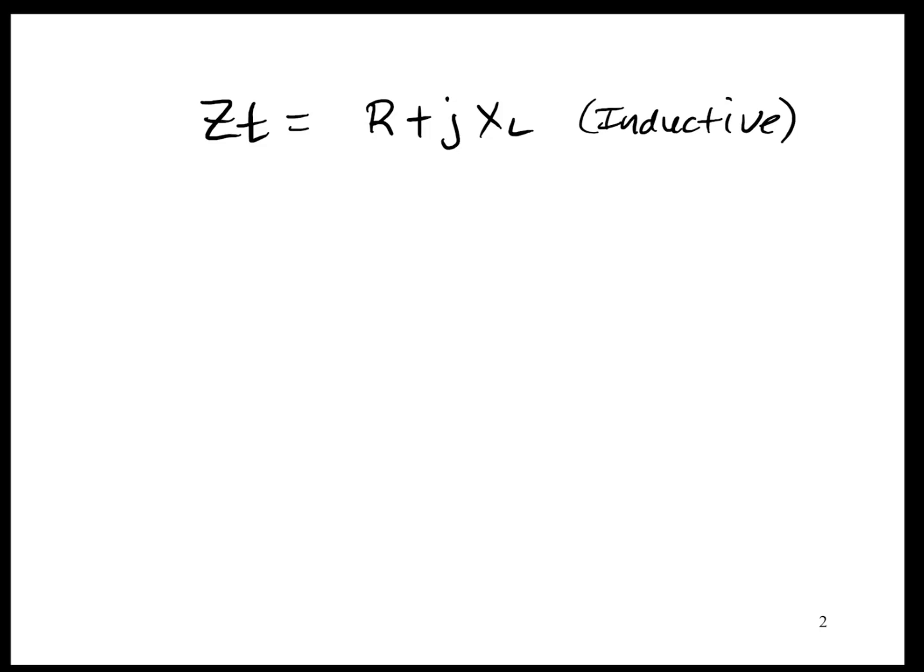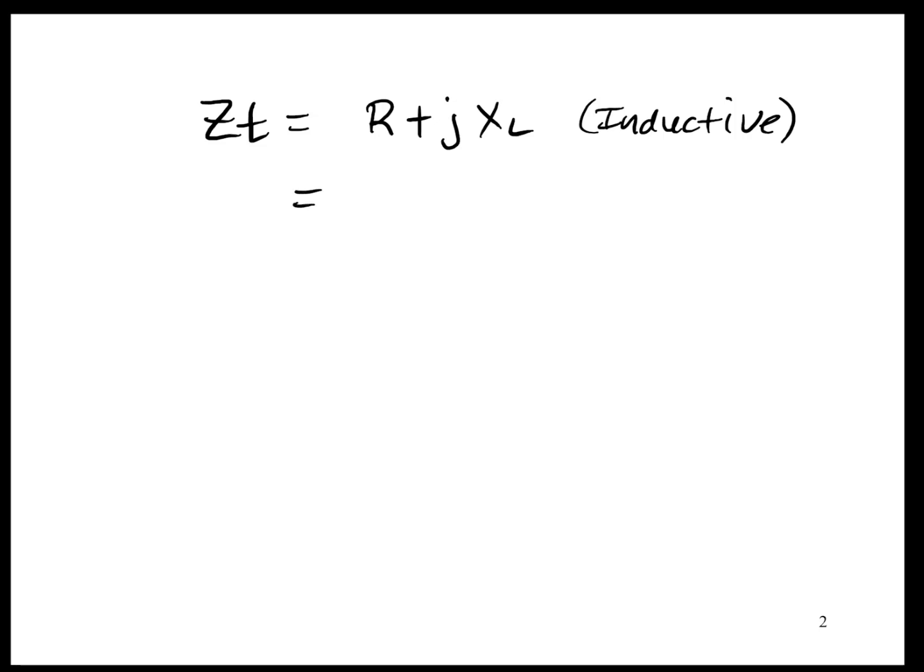So this is a primarily inductive circuit as far as reactance goes, and we have a Z total value of the resistance plus the plus j value, or imaginary component, plotted as XL in your total impedance.